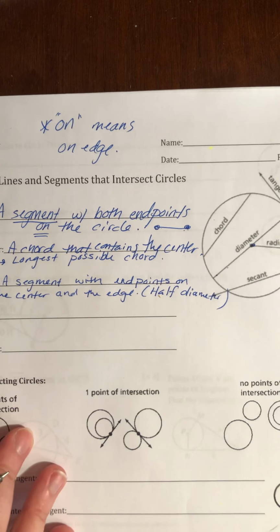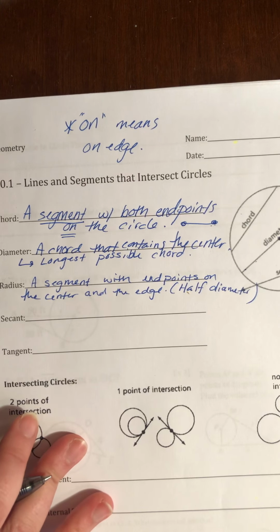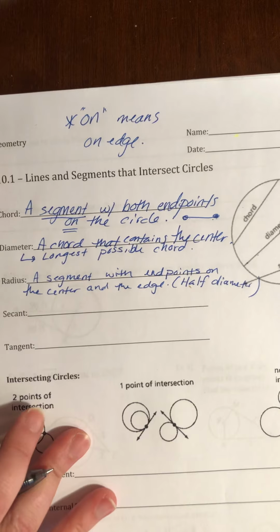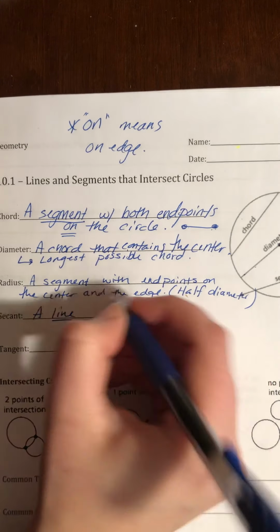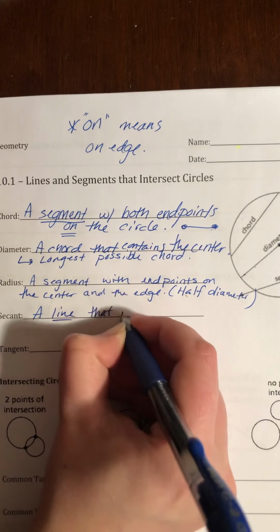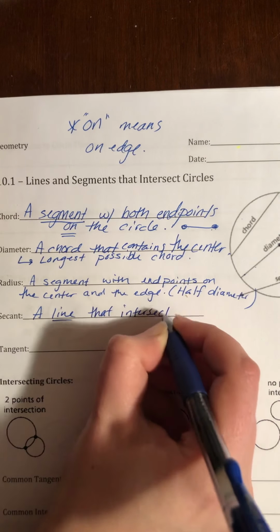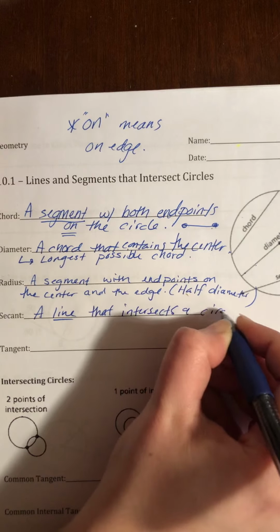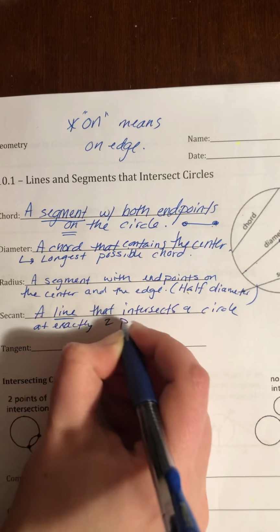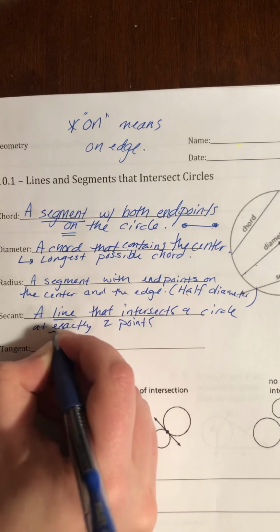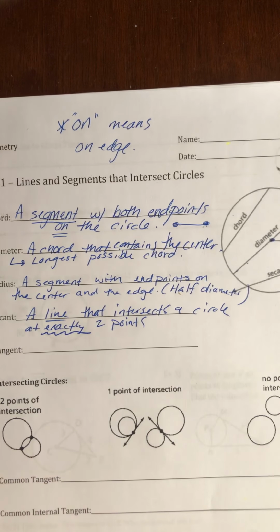And then the two more are types of lines. So we know lines go forever in different directions. So a secant is a line that intersects a circle at exactly 2 points, all right? So why is exactly important there?